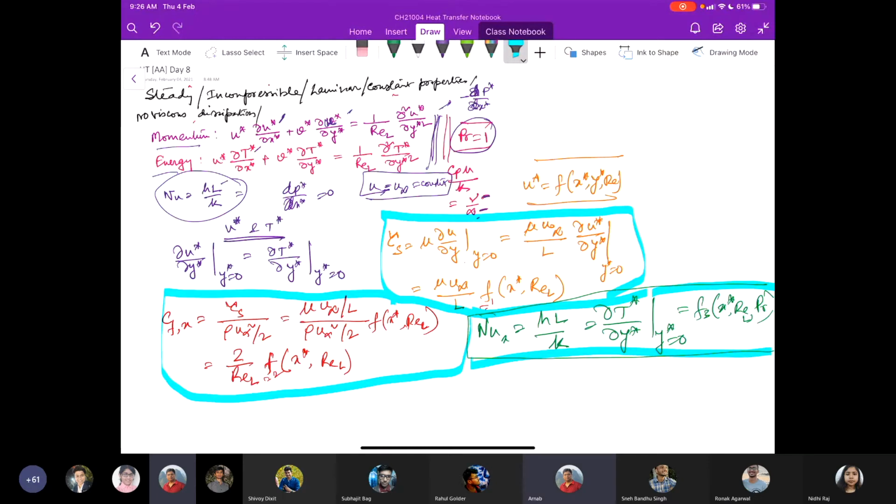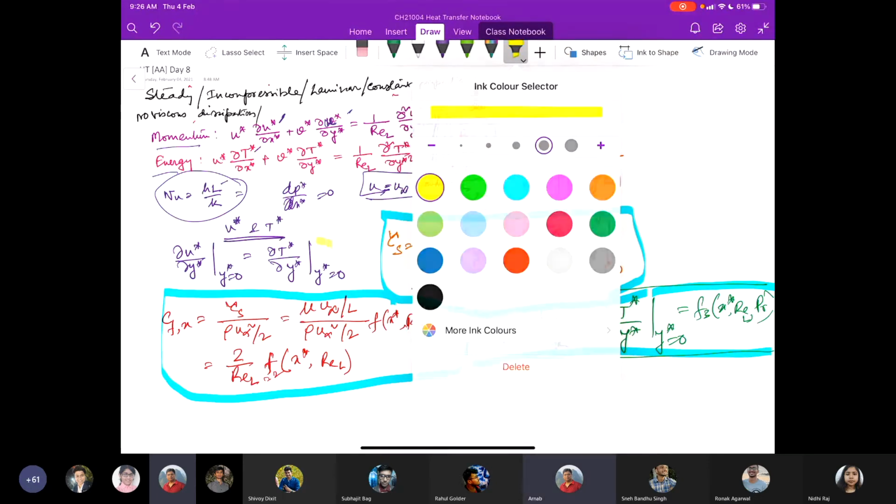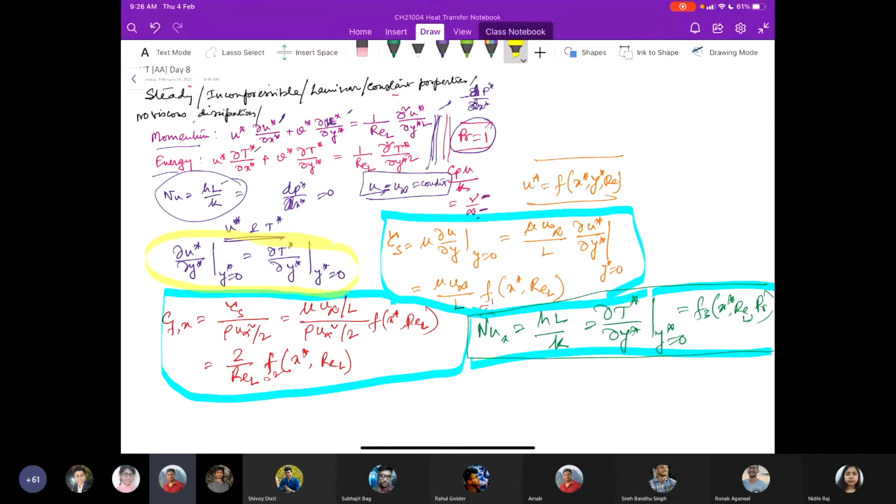We have to look at this simplification colored by yellow. But we realize now, since after these many simplifications, the momentum and energy equation looked identical, which means u star and t star are identical functions. That means the first derivatives at the surface are identical for the two cases.